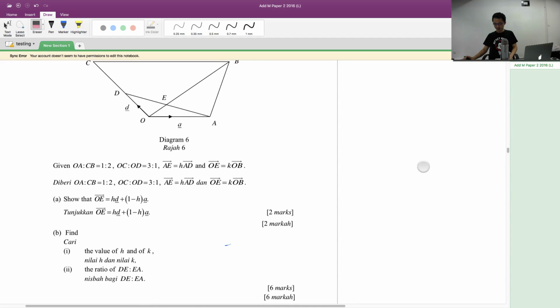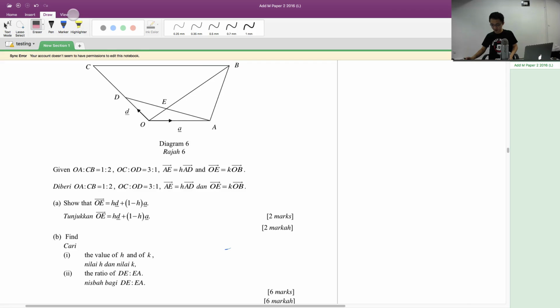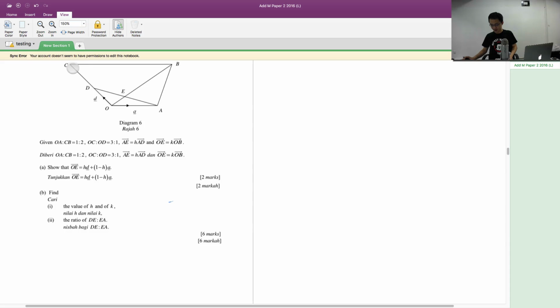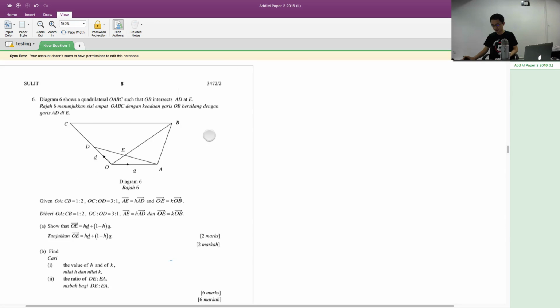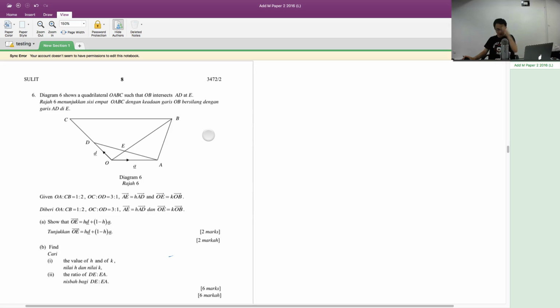I will need some space, so please allow me to zoom out a little bit. I change this to 150%, then I will have more space to explain. I hope you can still see the question.